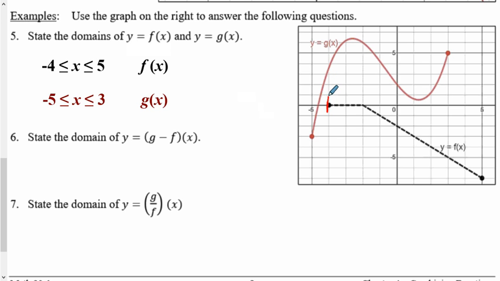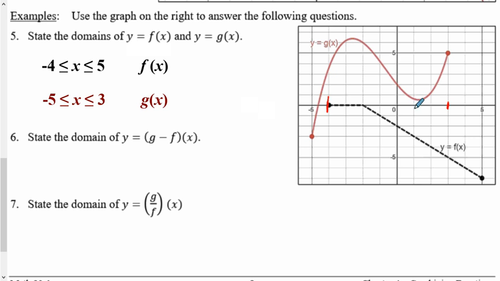And as I go to the right, I have both functions, both functions, both functions, both, and then only one function. Only f of x exists up here where the x value is 4. So if I want to add, subtract, multiply, or divide, I'm going to be limited to those values where both functions exist.